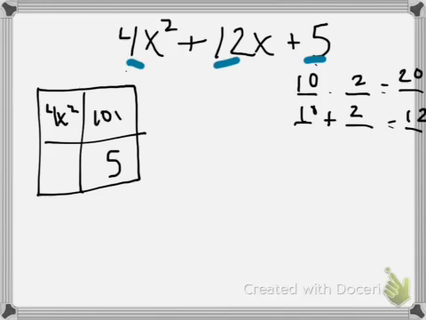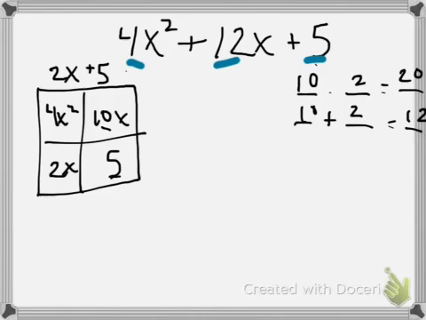So it'll be 10x, because you add the x, and then 2x. So 10x and 5 have 5 in common, and 2x and 4x squared have 2x in common. And since both the 10 and the 5 are positive, it would be a positive 5.